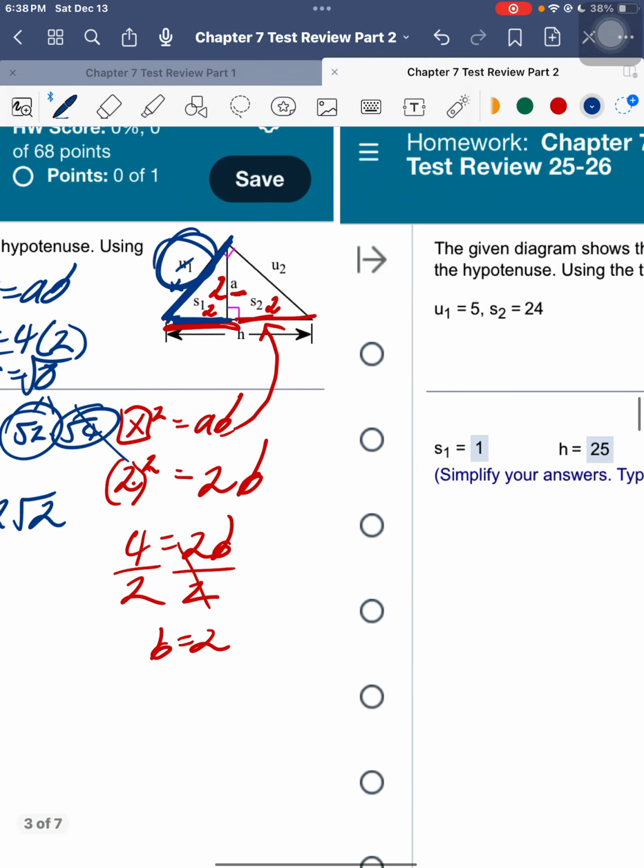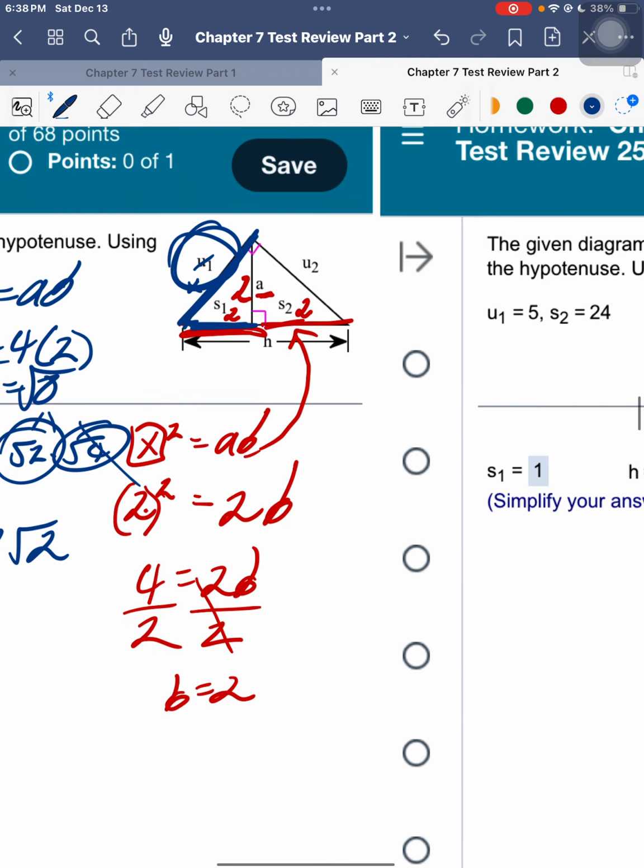Now, let's look at U2. U2 is the geometric mean. Let's call it Y. This geometric mean, what is its A? The Y is on the leg as well. So its A is the whole hypotenuse, which is 4. And what's its B?